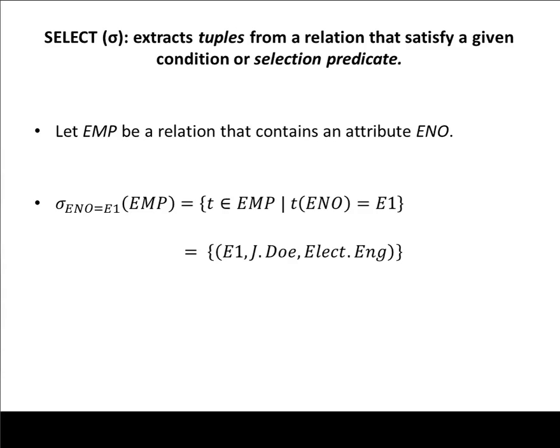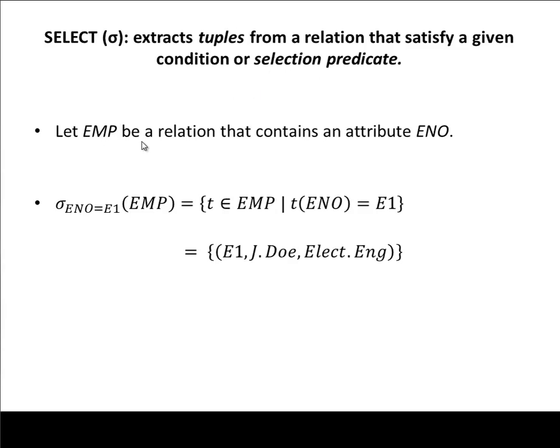Product will look familiar since we already talked about it. When we talk about select, we always want to think about selecting tuples from a relation. Formally, the tuples that are requested from a relation oftentimes are restricted, and that restriction is described by a condition, or sometimes referred to as a selection predicate.